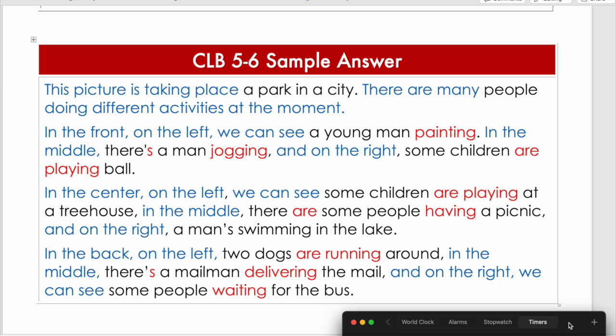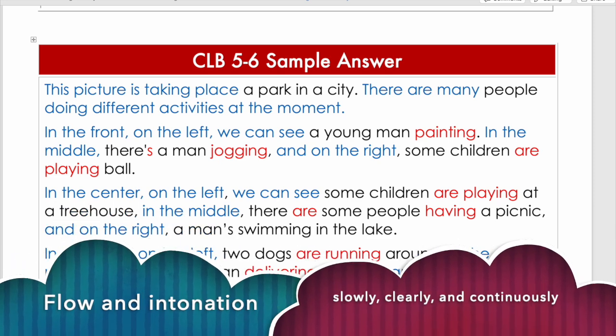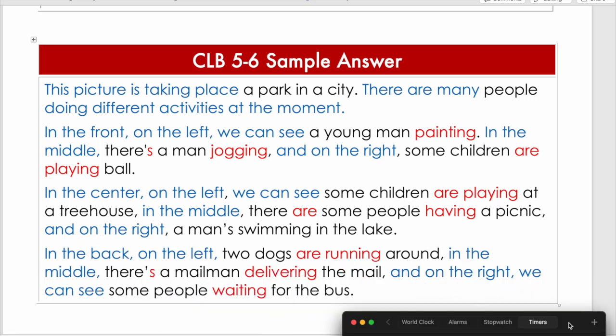So everyone, please follow along while I speak this in 1 minute. Focus on my flow and intonation. Flow and intonation is so important. Flow: slowly, clearly, continuously. Intonation would be pronouncing things correctly and in different ways depending on the stress of the sentence, okay?